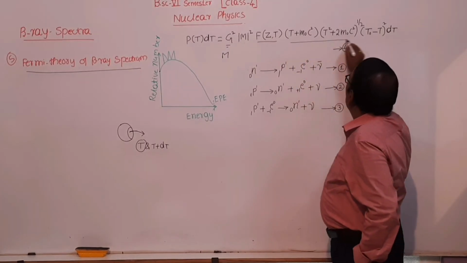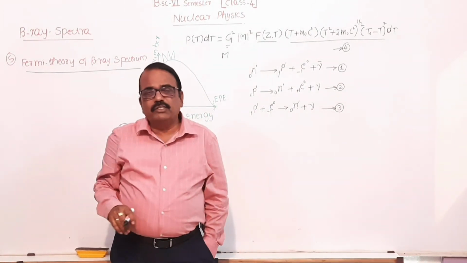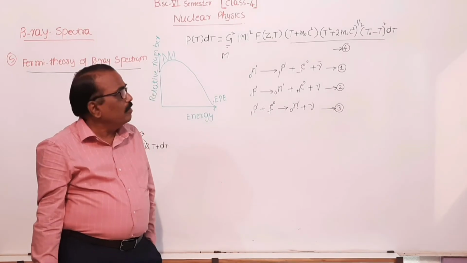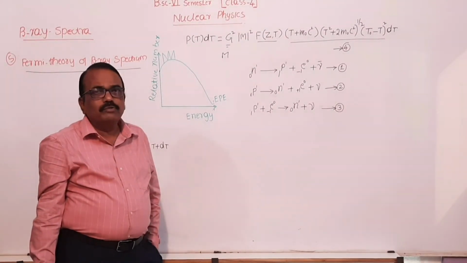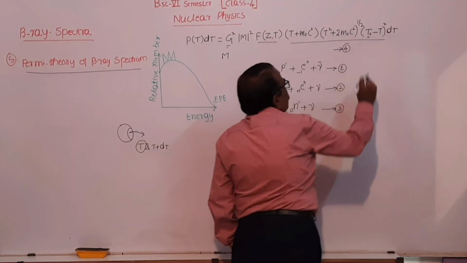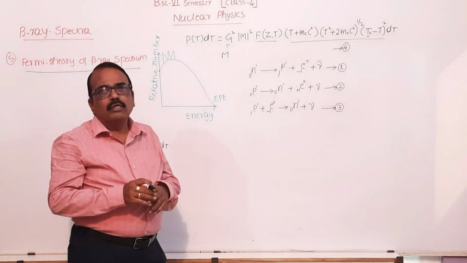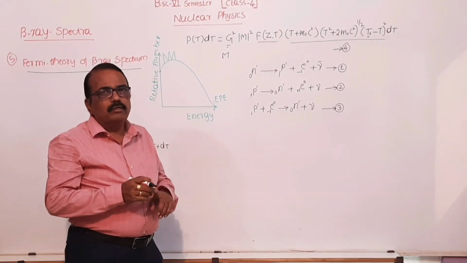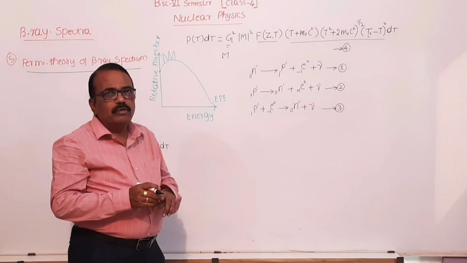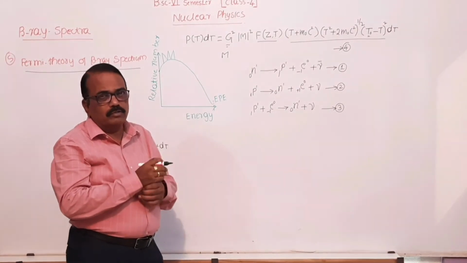The rest of the expression is called the statistical factor. That statistical factor gives how the total energy T0 is distributed among the emitted beta particle and neutrino, and also the rest of the products of the nucleons.